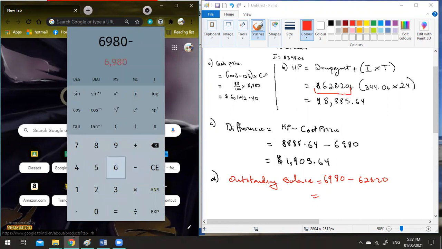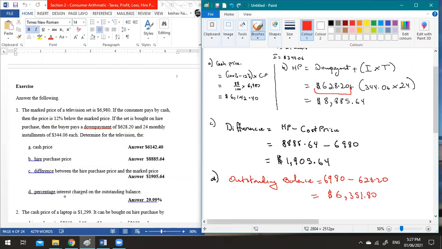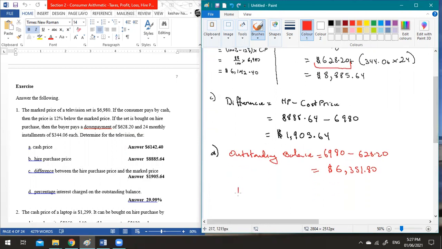Right, so let me calculate that. 6980 subtract 628.20. So the outstanding balance would have been $6,351.80. Now what they're asking for is the interest charge based on the outstanding balance. The interest percentage, sorry, will be the interest, which is this here, over the outstanding balance.